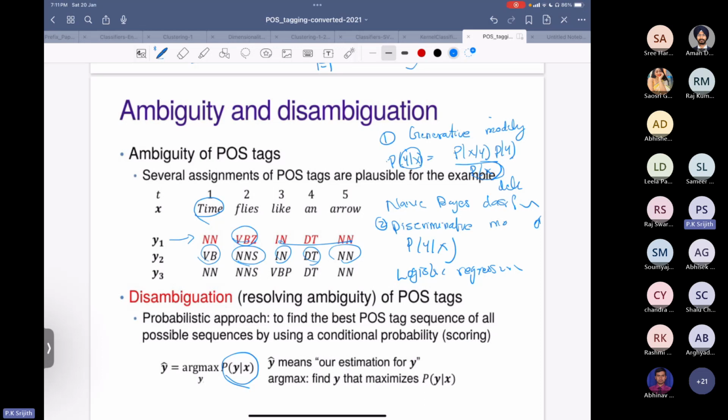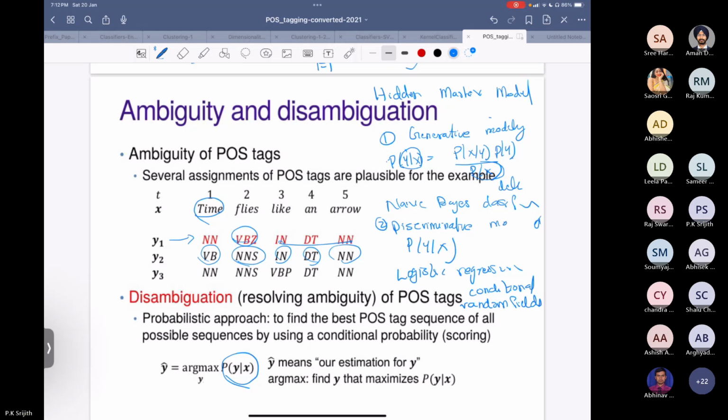There is a generative way of doing sequence labeling, and one of the very popular techniques for a generative sequence labeling approach is the hidden Markov model, and a very popular technique for a discriminative way of doing sequence labeling is known as conditional random fields.